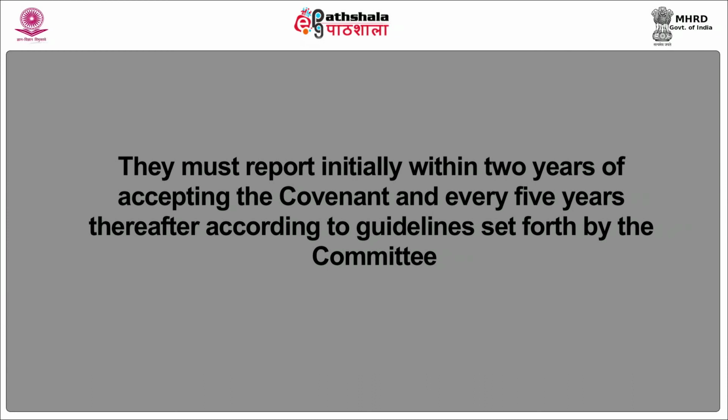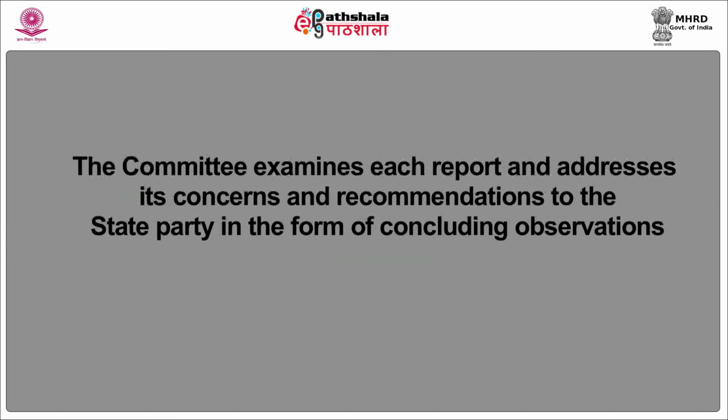They must report initially within 2 years of accepting the covenant and every 5 years thereafter according to guidelines set forth by the committee. The committee examines each report and addresses its concerns and recommendations to the state party in the form of concluding observations.